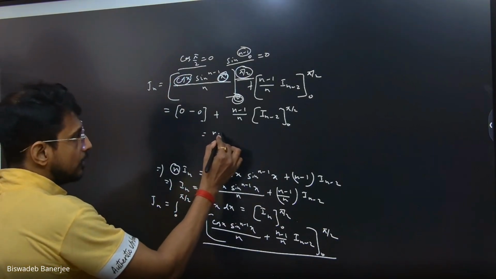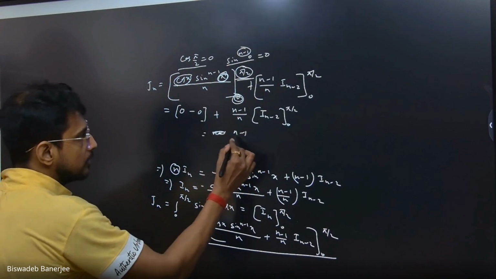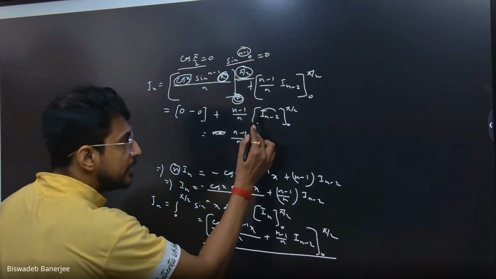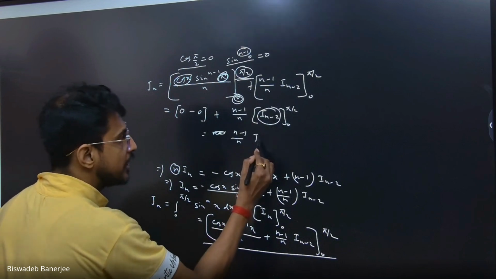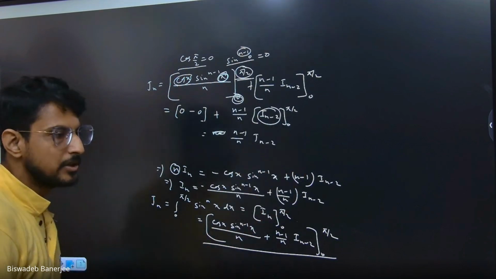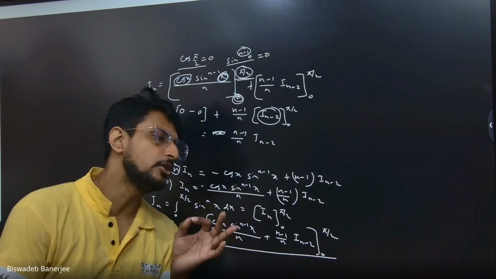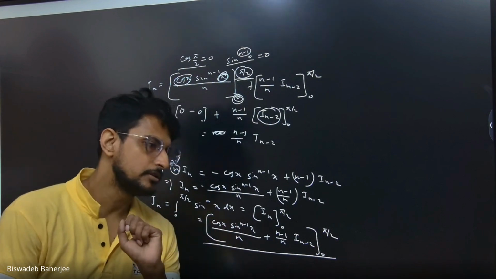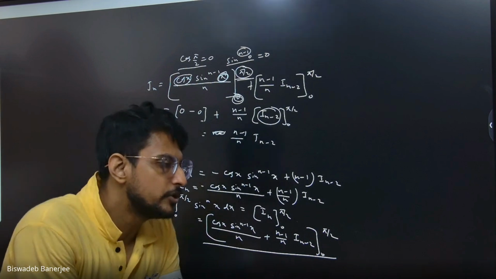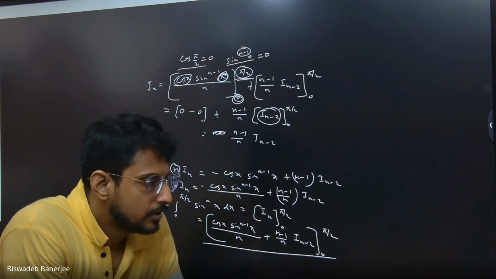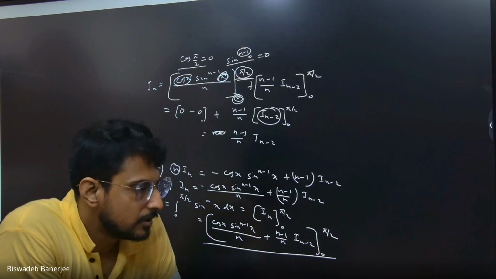Now, recall that if we put the limit on In, we shall get Jn. Remember this theory and write it down separately. Put the limit on In, you shall get Jn, because the difference between Jn and In is nothing except this limit.